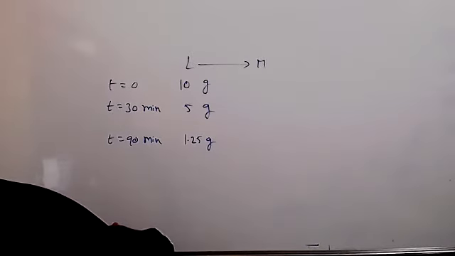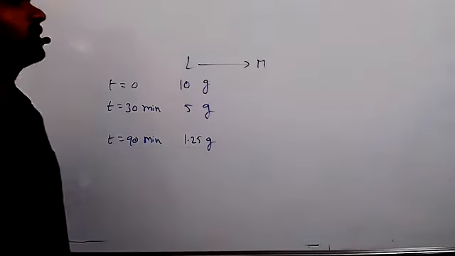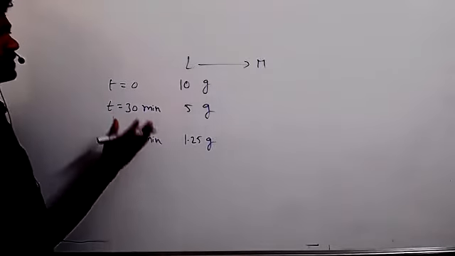It is the time in which the concentration of a reactant is reduced to one half of its initial concentration. Correct. So time required to convert initial concentration of a reactant to half of it.